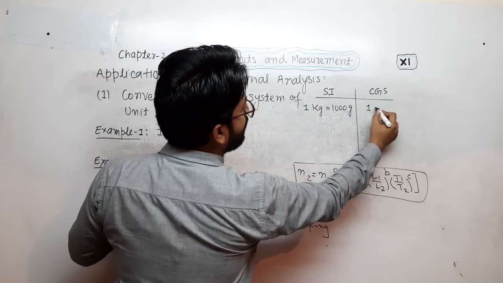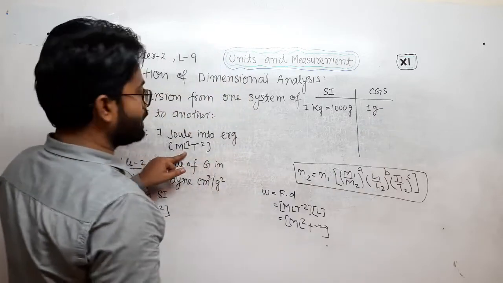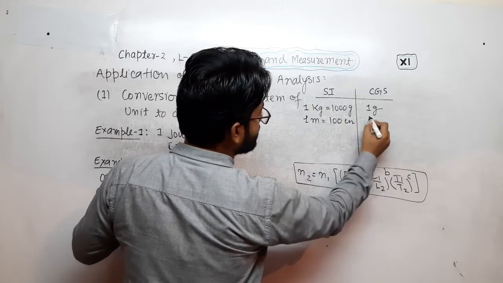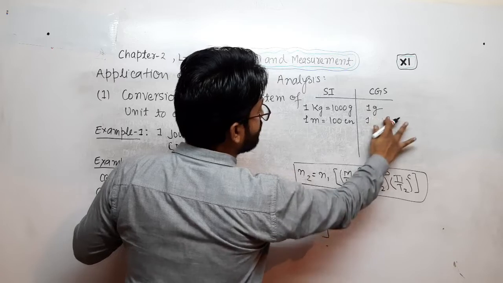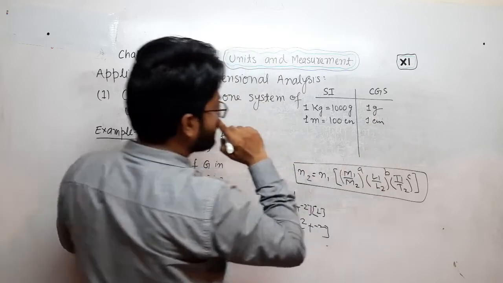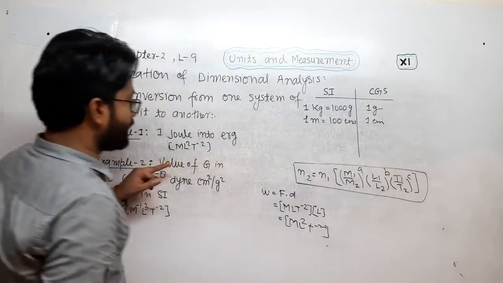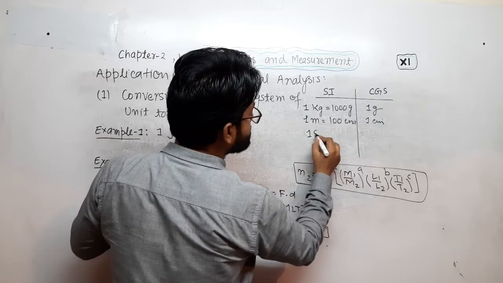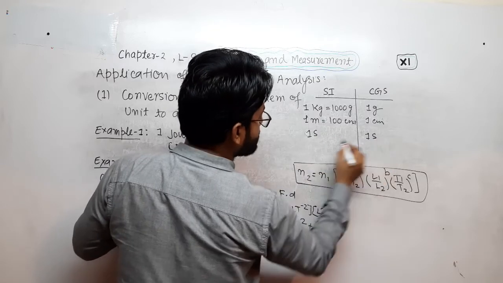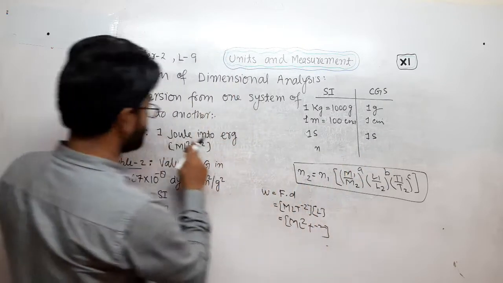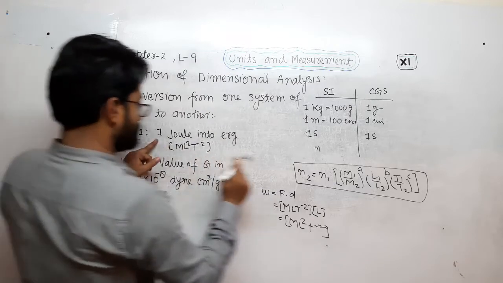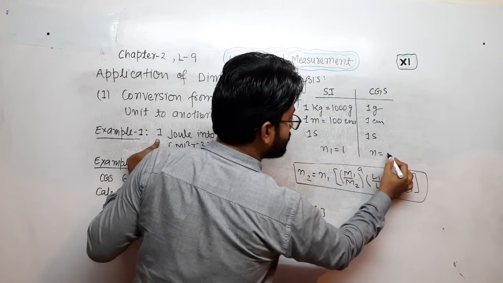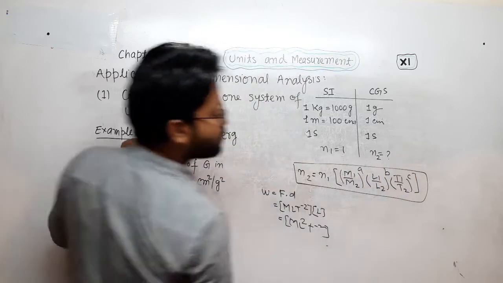In place of length, this is 1 meter, that is 100 centimeter. In place of time, we will have 1 second. This is also 1 second. In SI it is given as joule, that means N1 is given, that is 1, and N2 we need to calculate.